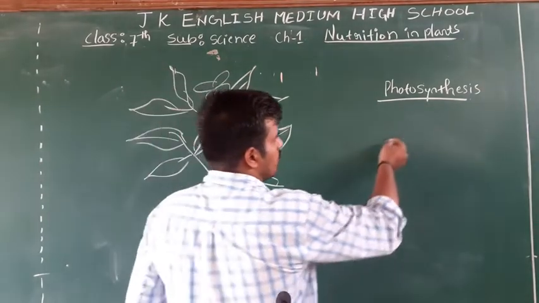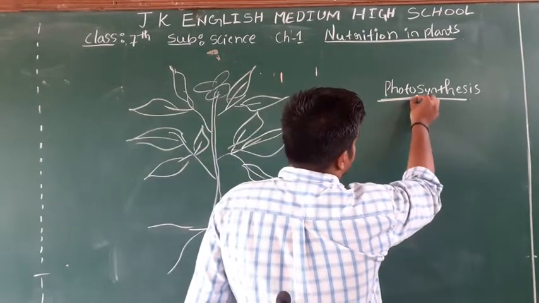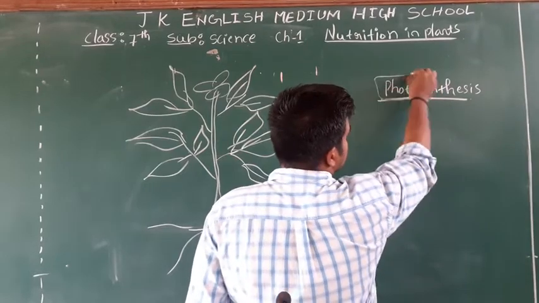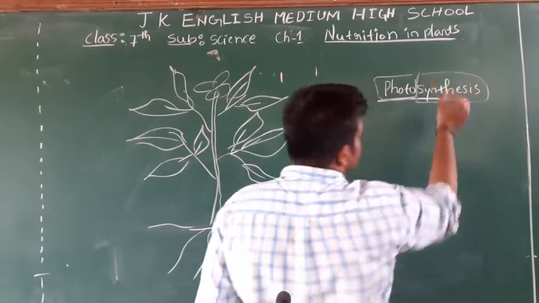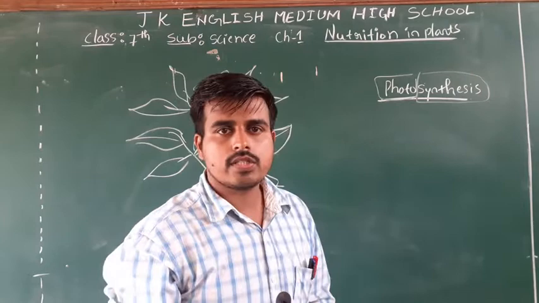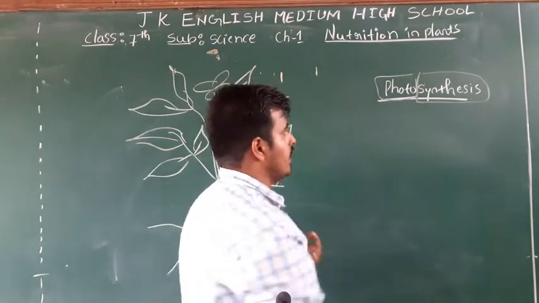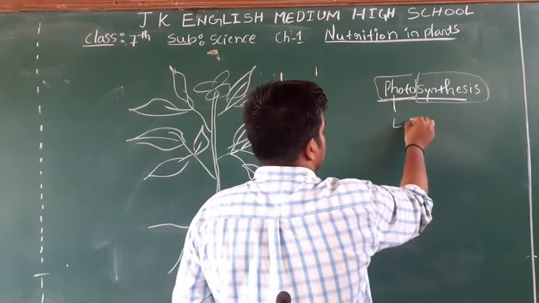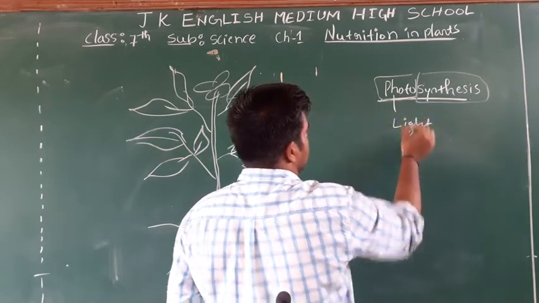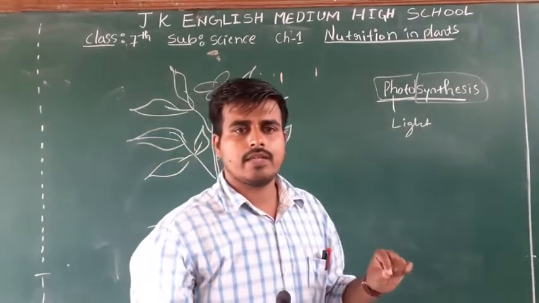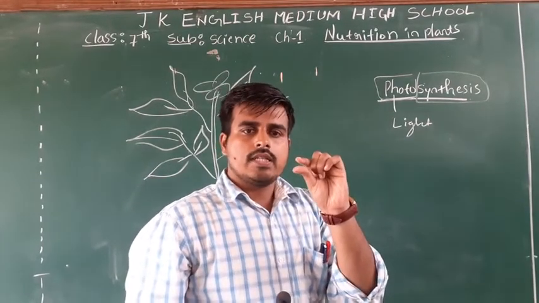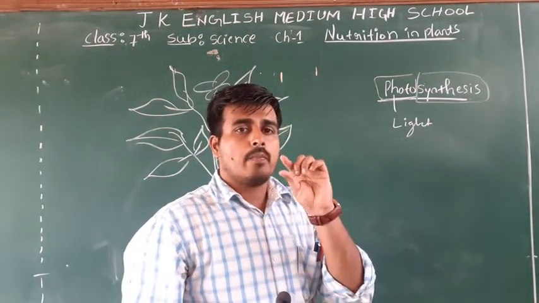Here in photosynthesis, two words are there. Photo is one word, synthesis is another word. Together it is known as photosynthesis. Photo in general means light, sunlight also you can see. Photo means light, or small particles, small packets of energy.